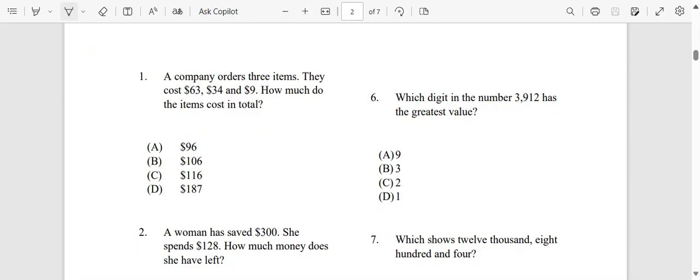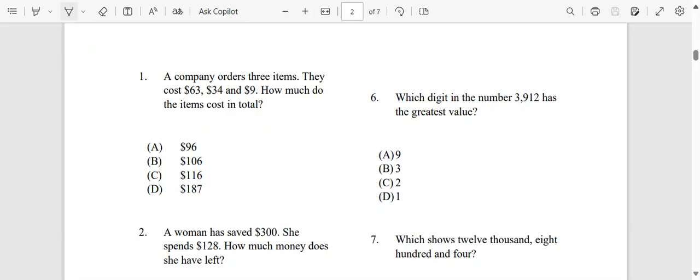Number one says that a company orders three items. They cost 63, 34, and 9. How much do the items cost in total?